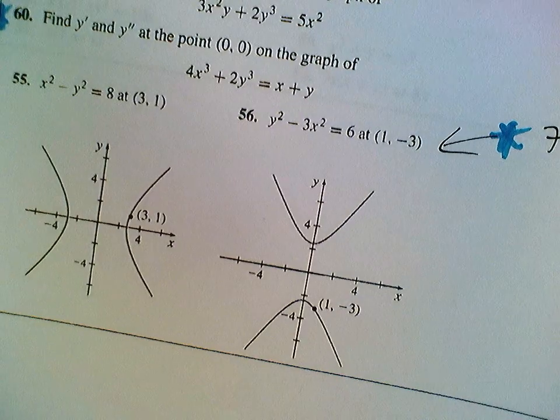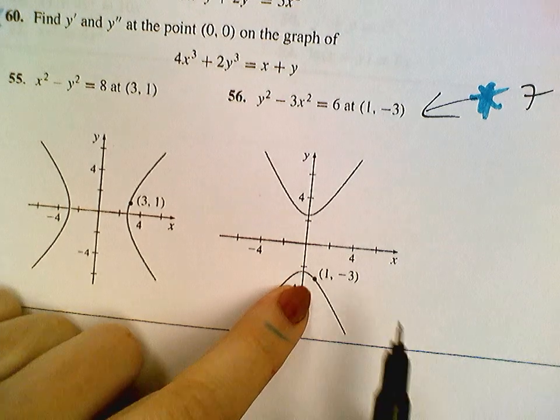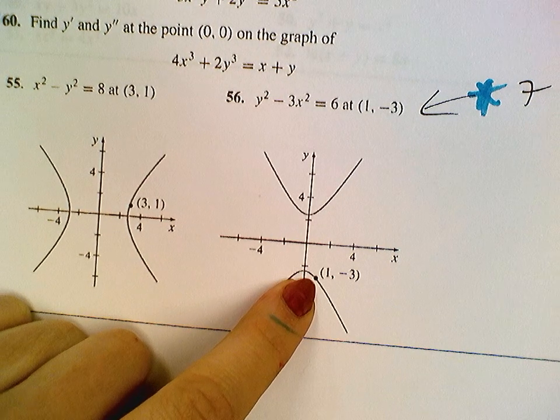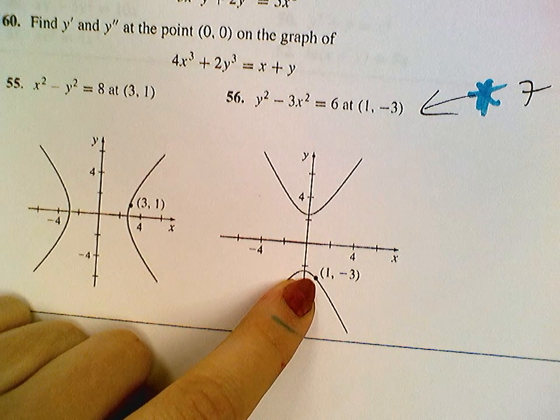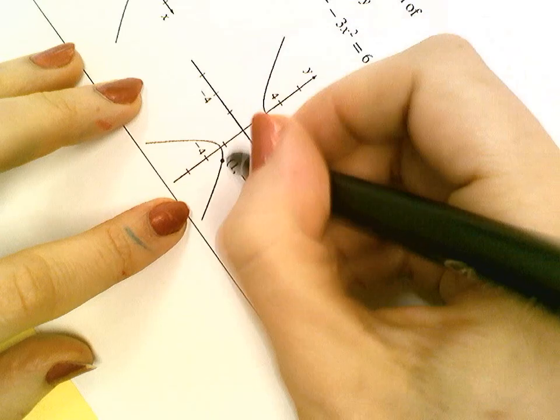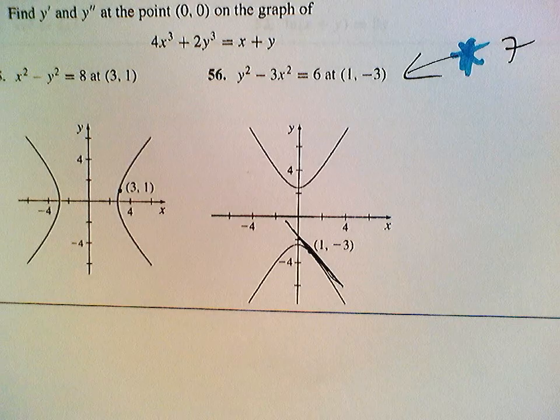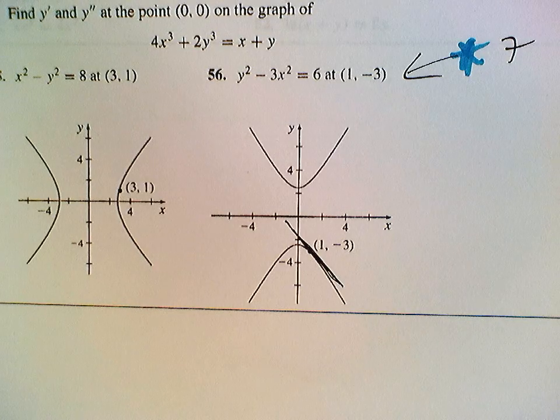So that is this one down here. All right, this is page 3, number 56. So here is the graph. There's the tangent line. Oh, the bell's gonna ring, shoot. And we want the equation of that line. That's what we want. Okay, to be continued because the bell is about to ring.